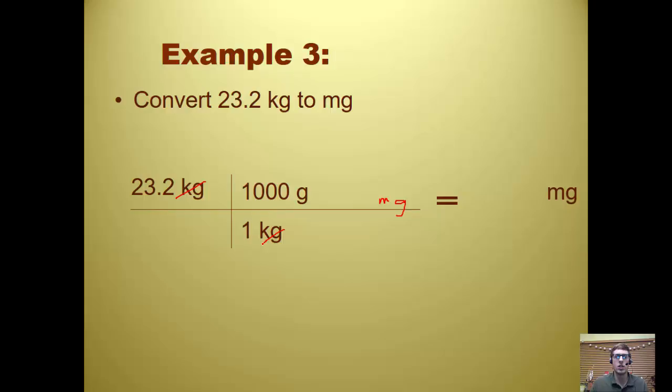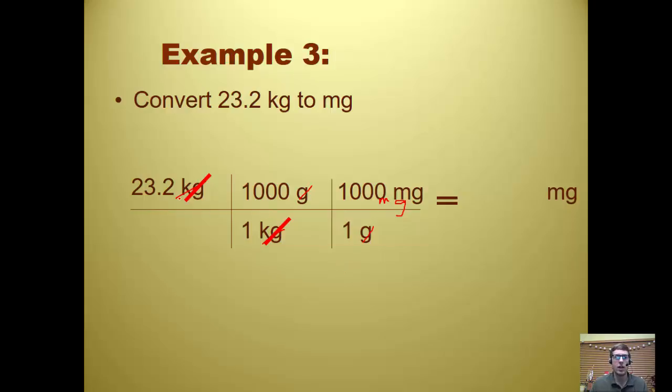That's going to get rid of this unit, but are we in milligrams yet? Nope. But we do know, since we memorized, that there are 1,000 milligrams in 1 gram. So we do another one: 1,000 milligrams in 1 gram. These units now cancel.